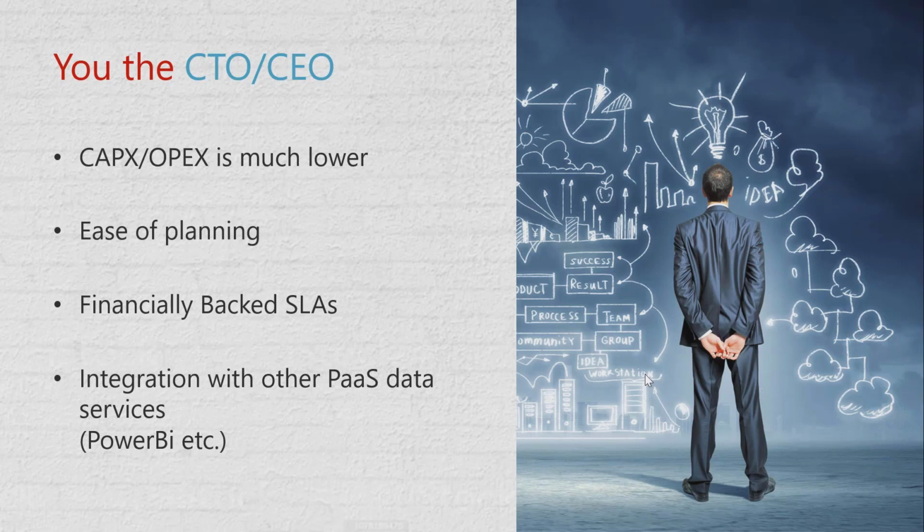Another beautiful part of working with managed instance and the cloud, Azure Cloud, is that you have financially backed SLAs. So you don't have to really worry about downtimes. You don't have to worry about what happens if there is a flood, or a power outage, or whatever.